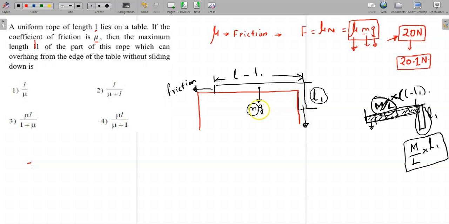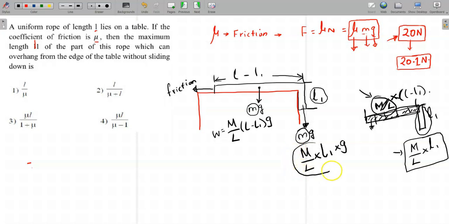Now you can easily find the weight of the resting rope: mass per total length, times L minus L1, times g. This is the weight acting downwards. And the weight of the hanging rope is m by L times L1 times g.